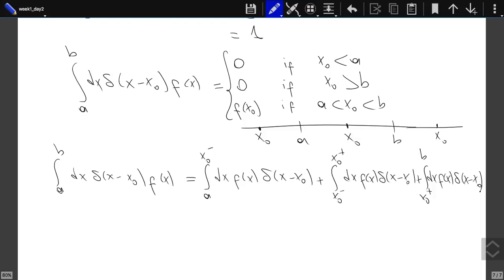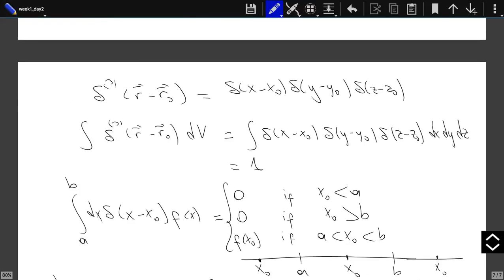Now, in this integral, x0 is not in this range between a and x0 minus. So this integral is just 0. Similarly, if you look at this integral, x0 is not in this range. We had already seen that if in this range the argument of the Dirac delta is never 0, then the integral is 0.